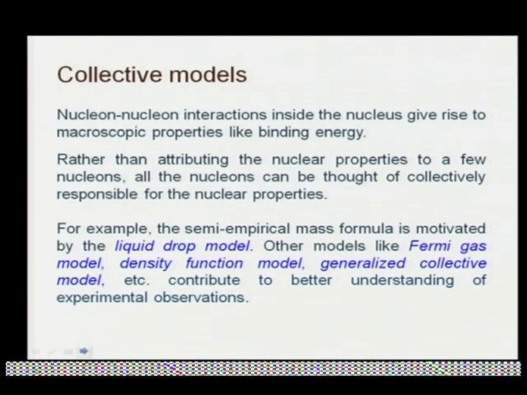The constant density which is experimentally observed can also be explained very well within the liquid drop model, for example. But the liquid drop model cannot explain all the excited states, and there are various problems with that. But there are variations of this.